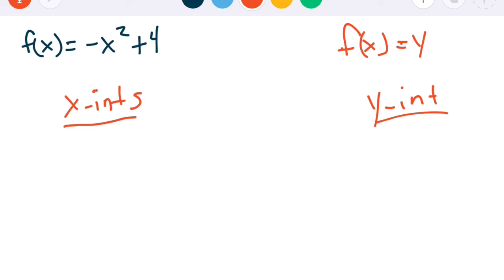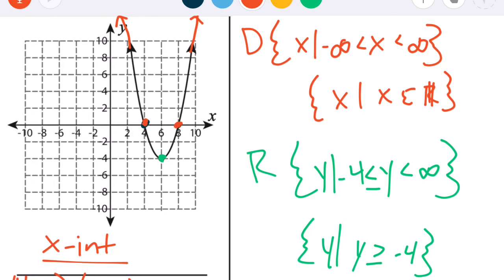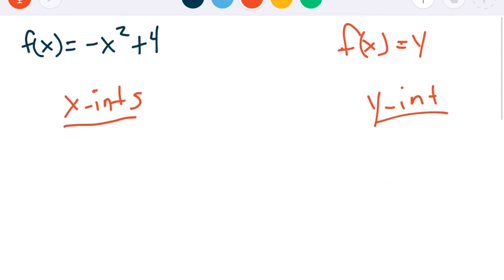If we're solving for the x-intercept, remember the x-intercept is where the line is touching the x-axis. If you look at the previous example, the y value is always 0. Whenever we're talking about x-intercepts, the y value is always 0.